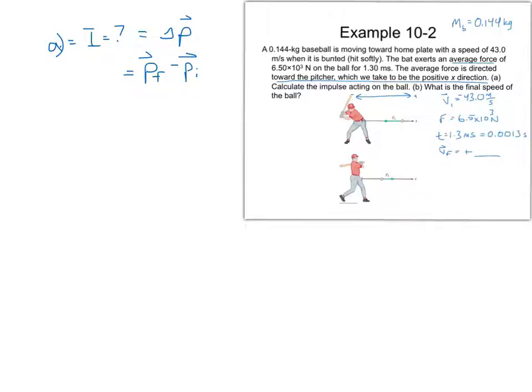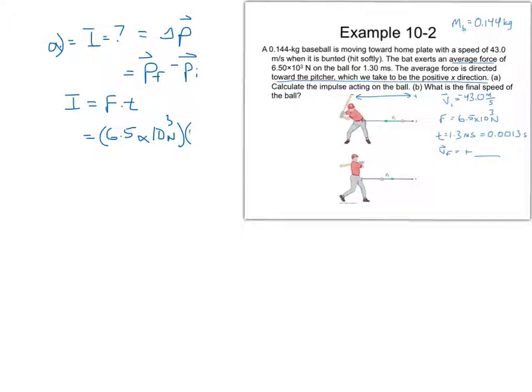While this is true, impulse, like we just said, is simply force times time. And just multiply them together. All right, so that's 6.5 times 10 to the third newtons times how many seconds?